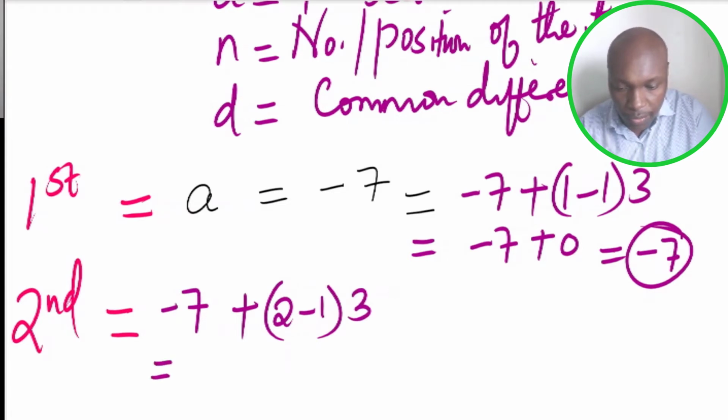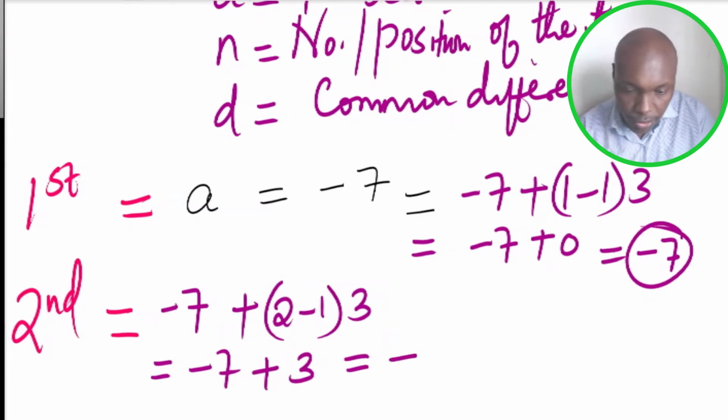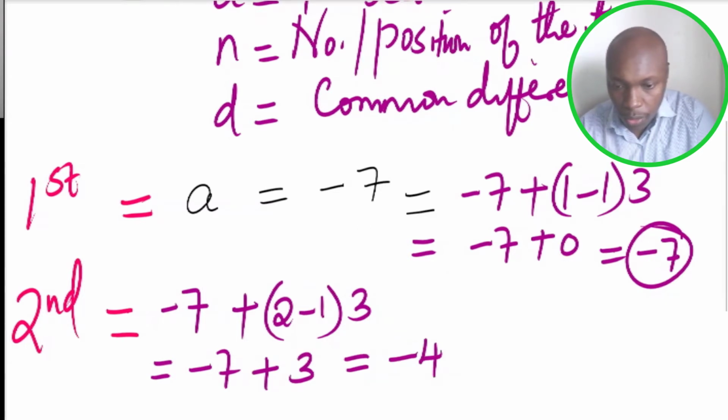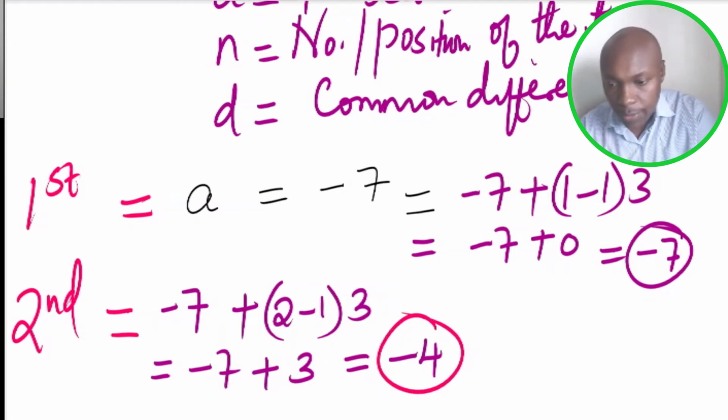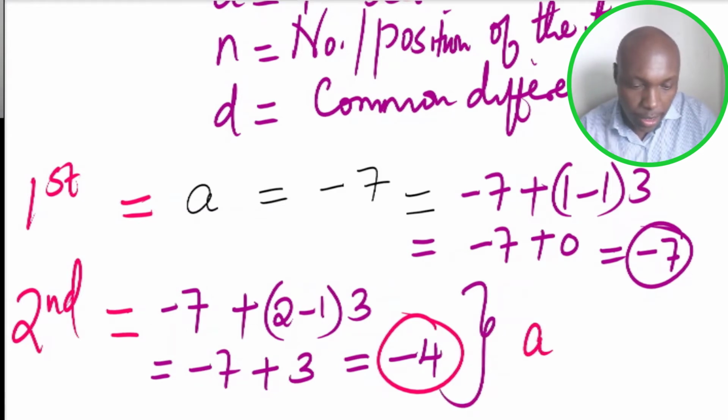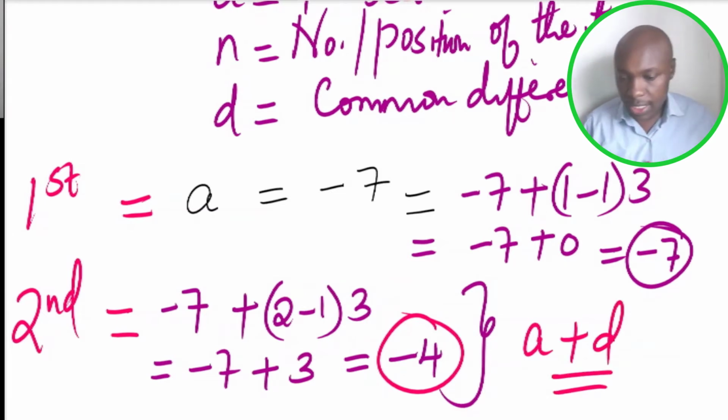So this will give -7 plus 1 times 3, which is 3. So it will be -7 plus 3, which will give -4. So the second term is -4. If you want to simplify the whole of this, the second term is given by a plus d. As simple as that. That is already the second term.